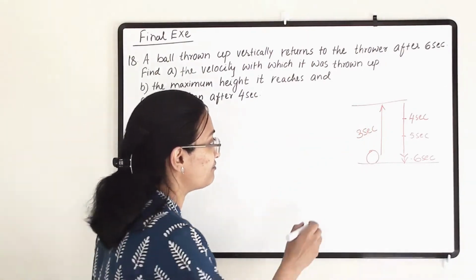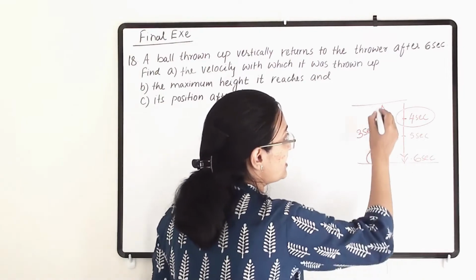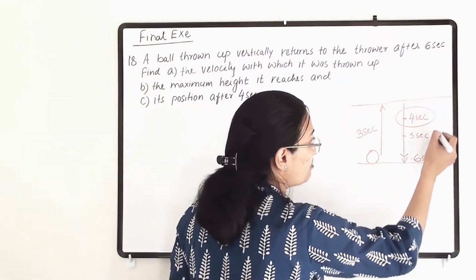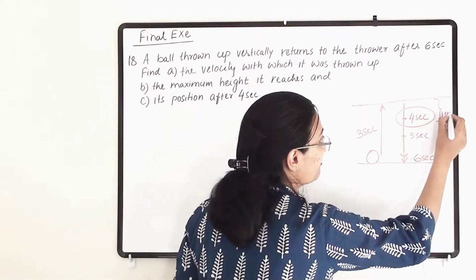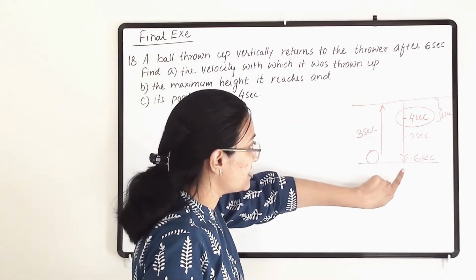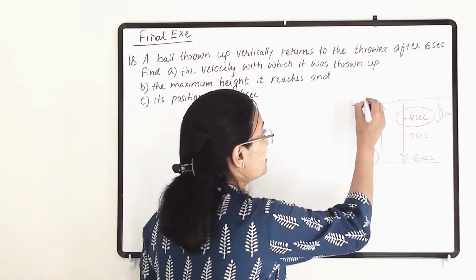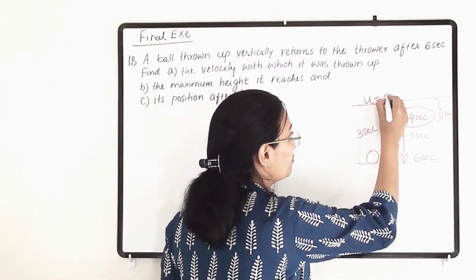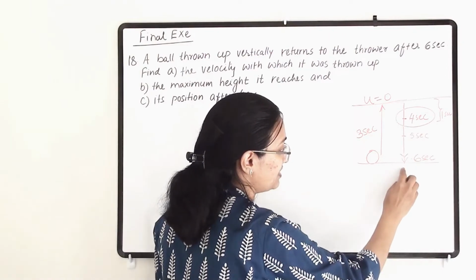So when we are finding this out for this situation, it has started traveling back and it has taken only 1 second after that. This is the 4th second for the entire journey. But when it started coming back, its initial velocity is going to be 0, because here we are evaluating the situation when it started coming back.